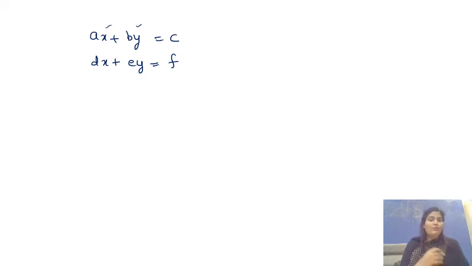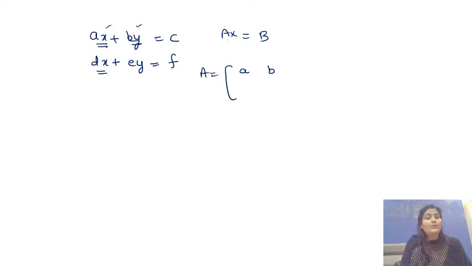Now try to make a matrix in the form AX equals B, where A is a matrix created with the help of these coefficients. Here the coefficient of x is a, of y is b, and in the other equation the coefficient of x is d and of y is e, right? So this is the matrix of coefficients.